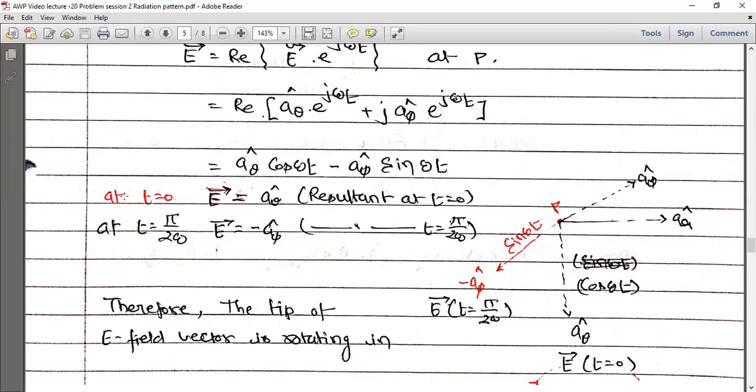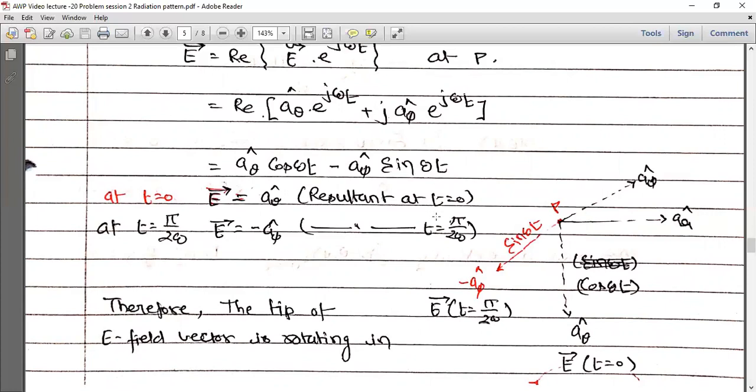So the net electric field at t equals 0 will be in this particular direction. Okay, and what will be the magnitude? The magnitude is 1, because the electric field intensity is just a unit vector, at time t equals 0. Okay, now suppose we put a time value such that omega t becomes pi by 2.